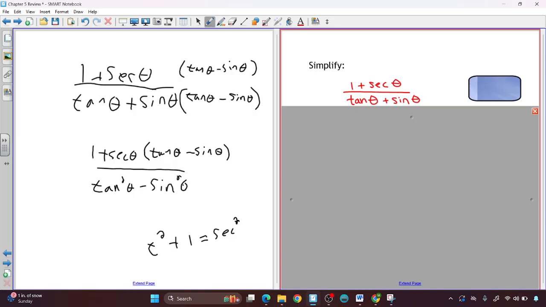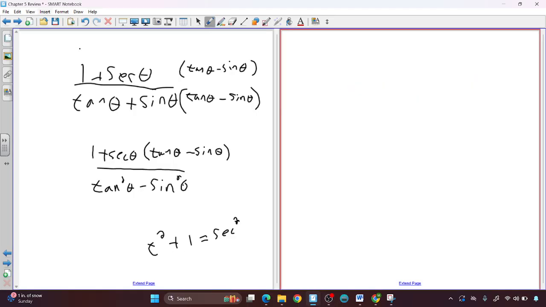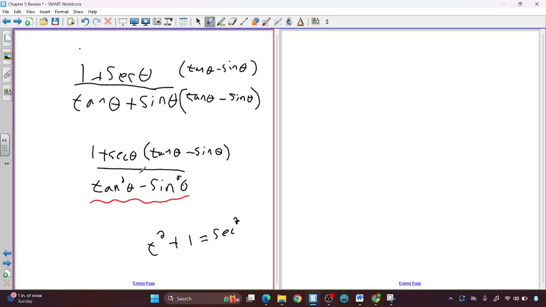Okay, so I don't love the direction this is going because I haven't gotten this down to one term. I know I could try to multiply by this conjugate, but it's going to get messier and messier.